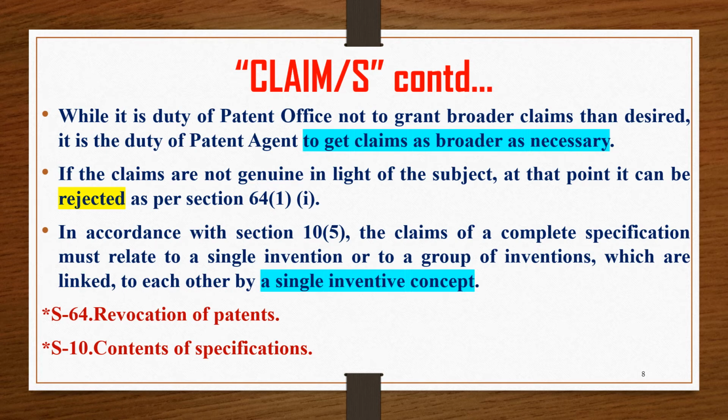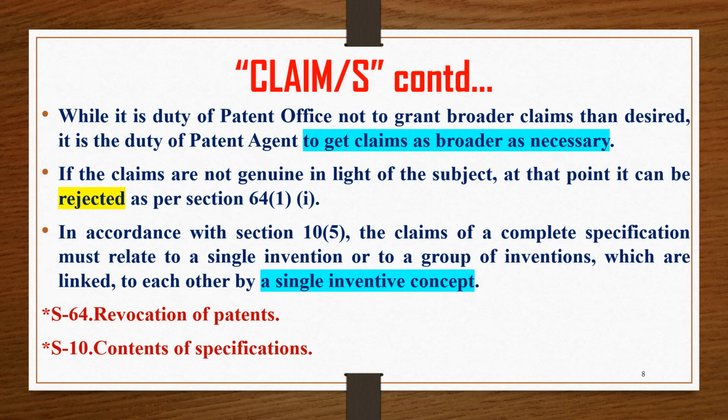The next point. If the claims are not genuine in light of the subject, at that point it can be rejected. And this is as per section 64, subsection 1, clause I. For this, we can go to section 64, whose title is Revocation of Patents.